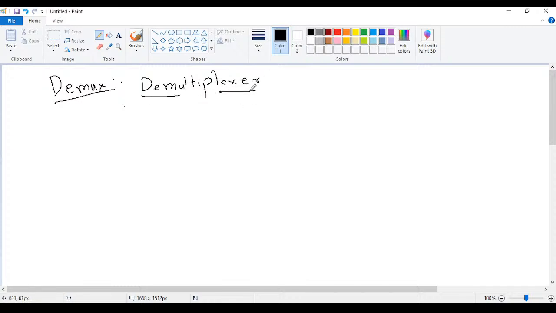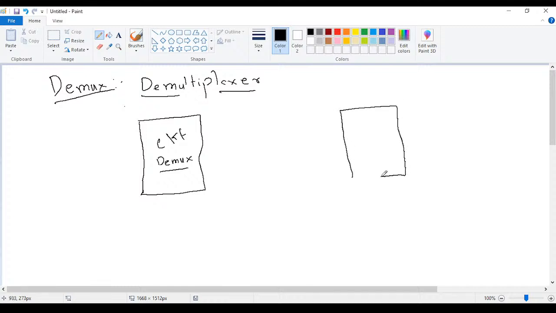So generally we take a box, and inside this box we have the circuit. Now we are taking the circuit for demux. For demux we need to know what is a multiplexer.